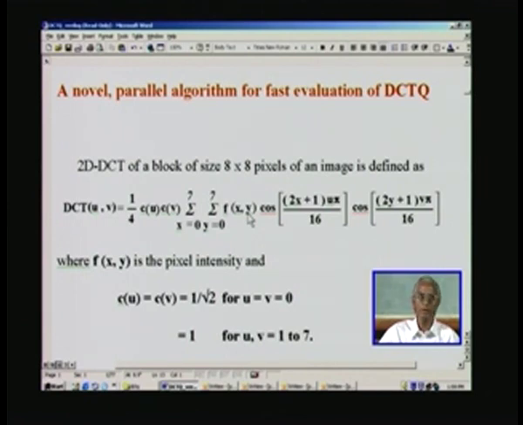Suppose you number the pixels of a block starting from the 0,0 coordinate, as with any Cartesian coordinate. Each unit can be marked from 0 through 7, instead of 1 to 8.